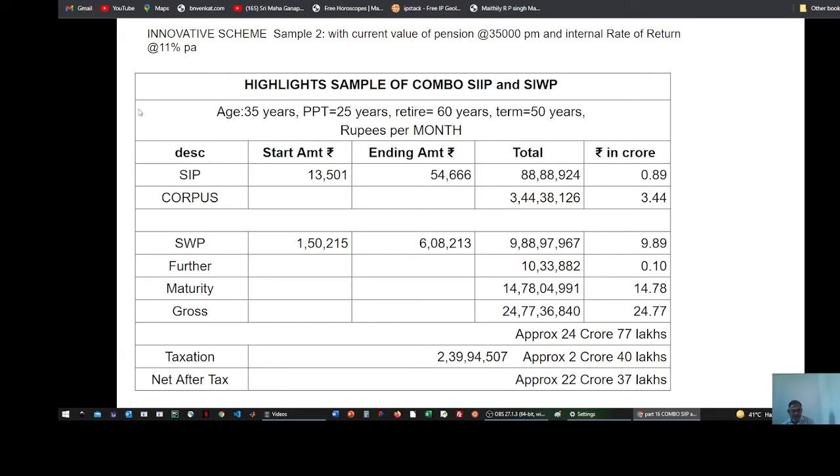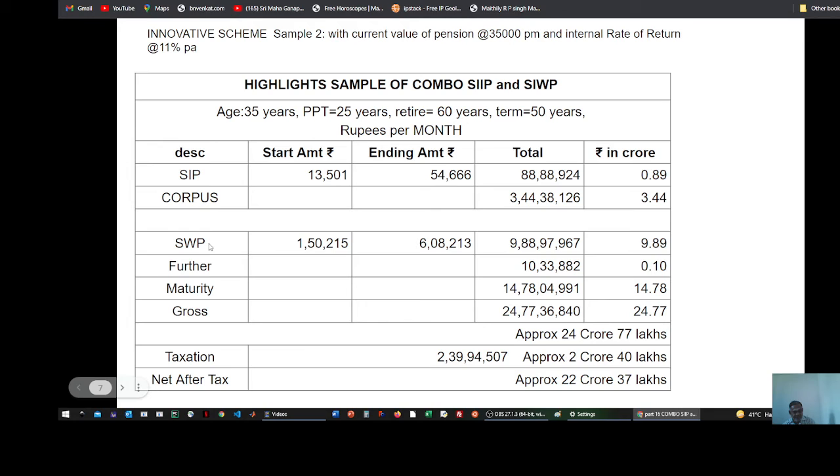The person starting at the age of 35 starts investing at 13,500, and by the age of 59 it is 54,000 or 55,000 rupees, and the total investment is 89 lakh rupees. The corpus generated at the time of retirement is 3 crore 44 lakhs.